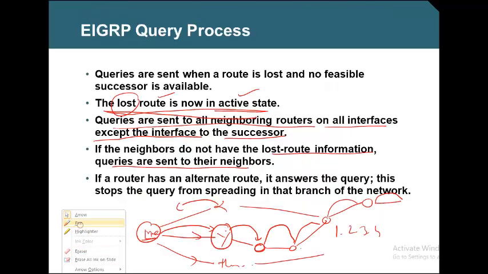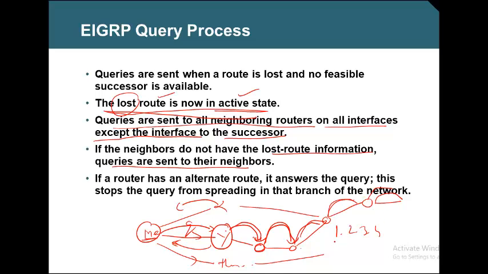You see, if the router has an alternate route, it answers the query. For example, this guy, me queried them, knows the route, them responds. But you don't respond because you have no connection to 1.2.3.4. If the router has an alternate route, it answers the query.